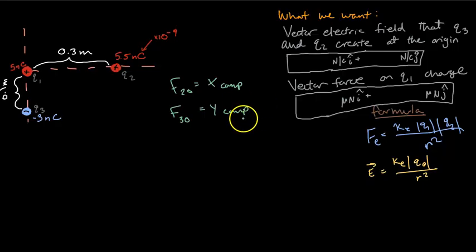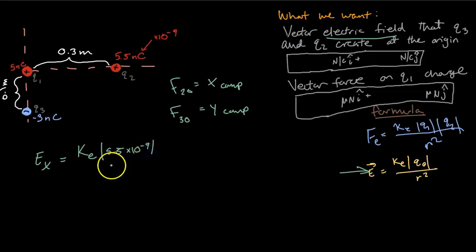So these will be two separate equations, and we are looking for the electric field, so that will be this equation. And we will start setting it up. So we have our electric field in the x direction, and we said that the x is our Q2, so we have our Coulomb constant times the absolute value of 5.5 times 10 to the negative 9, because that's what the nano is.